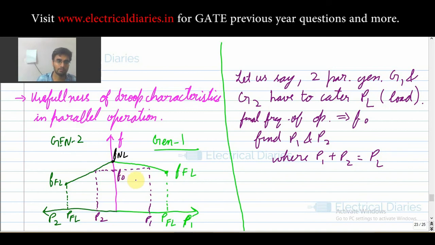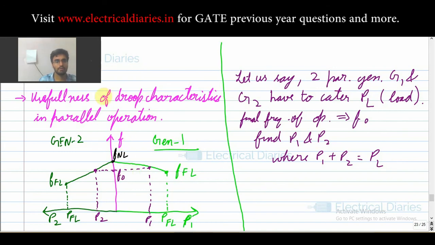I hope you can get the idea of what I am trying to say. If you solve some questions, then you will get a much better feel. So this is given to you, and you may have to find these points P1, P2, or you may have to find this operating frequency F0. Here you can use the concept of similar triangles. How can you use that concept?